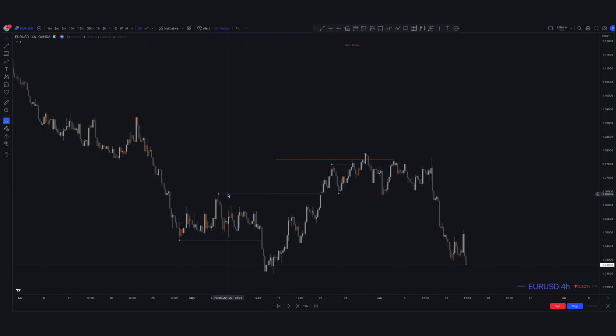Also this one. Push, pull back. It came here to this. On the daily you would probably see a 4-hour chalk, but this was just a sweep of liquidity below here. Then price pushed up again, and then we came here. We reacted to a demand here.